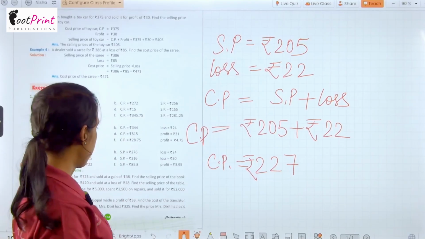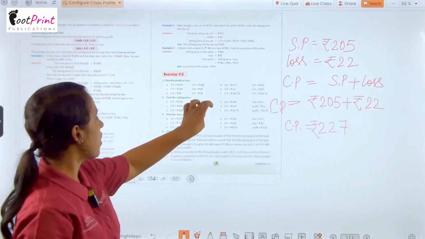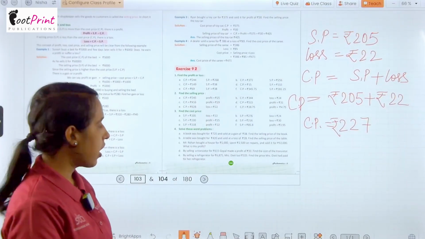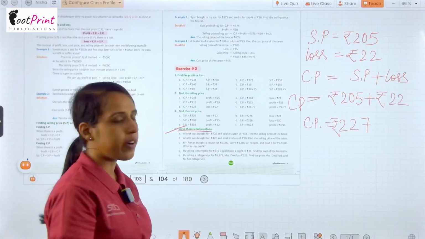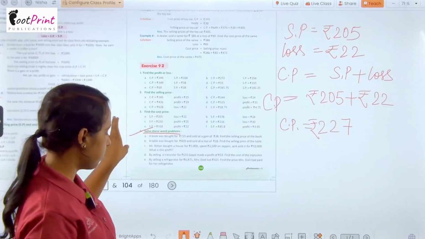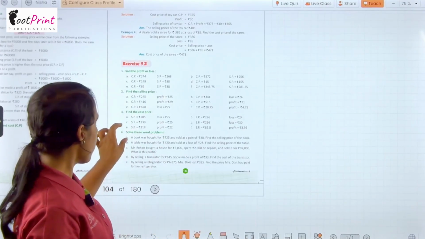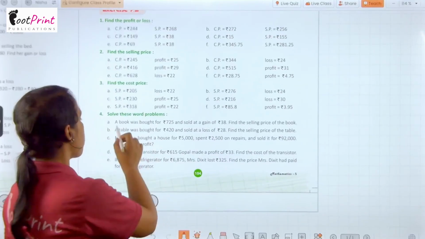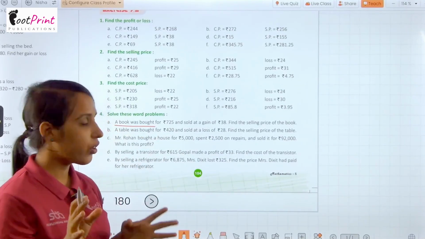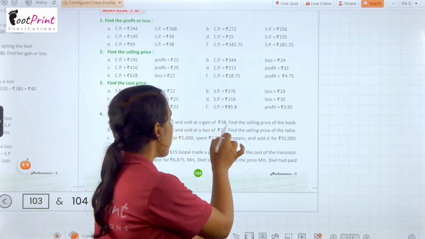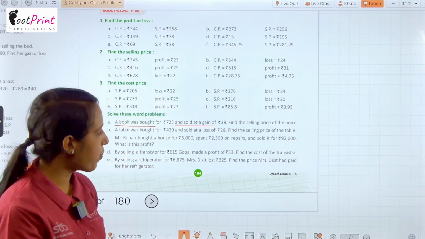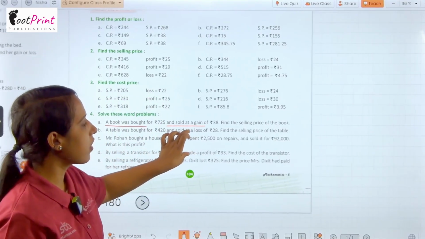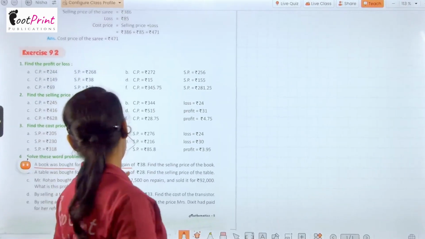Okay, now moving ahead, this is our question number 4. In this, we have some word problems. Let's solve it. So here question number 1 is: a book was bought for 725 rupees and sold at a gain of 38 rupees. We have to find out the selling price. So here first we make this statement.